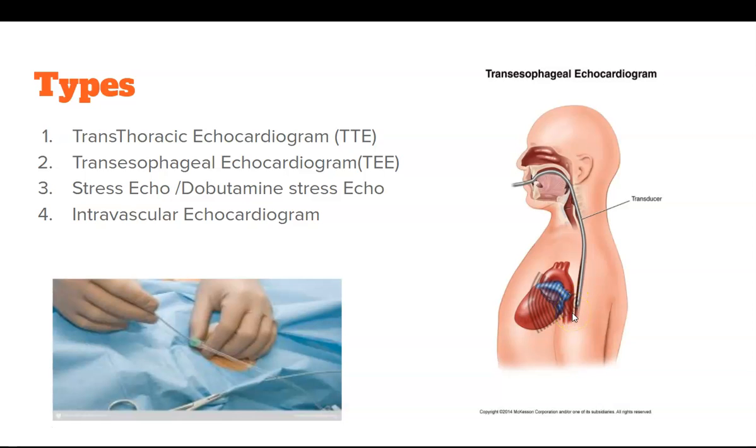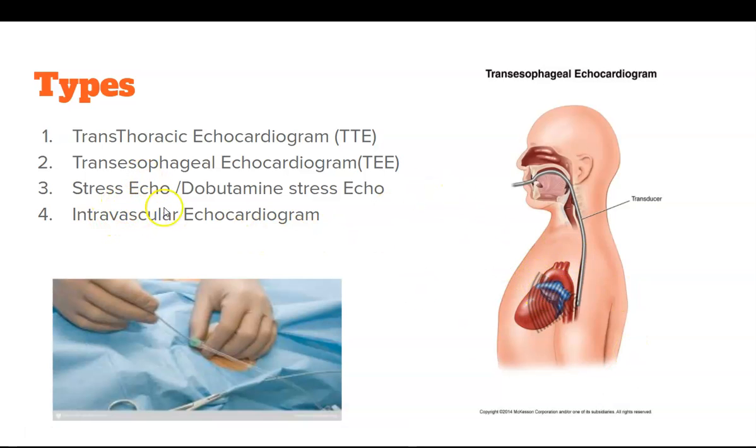So if you want to see the back of the heart, the best method is TEE, transesophageal echocardiography, where they will introduce the transducer into the mouth through the esophagus. At the back of the heart they will reach, and they will visualize the heart. So if you want to see atrial thrombosis or visualize the backside of the heart, the chambers whichever are present, this is the best way.